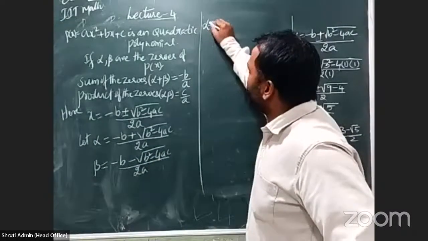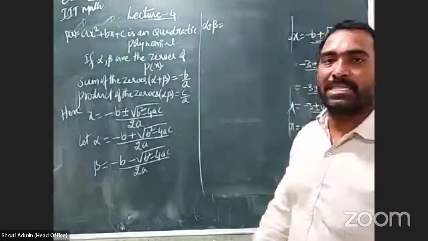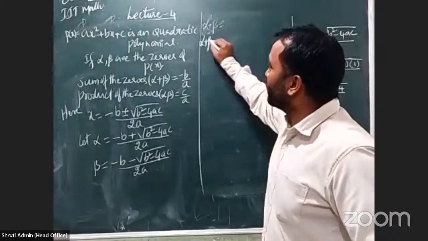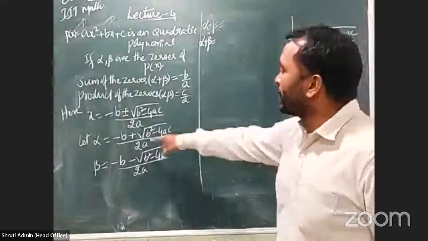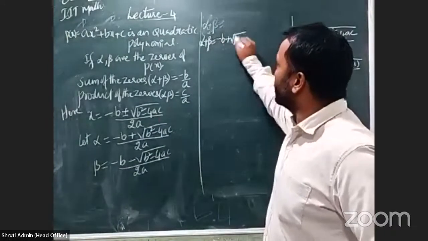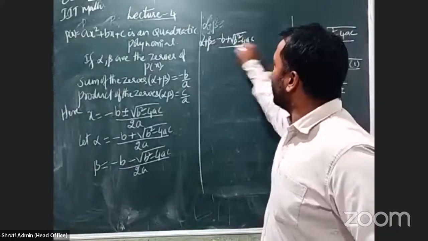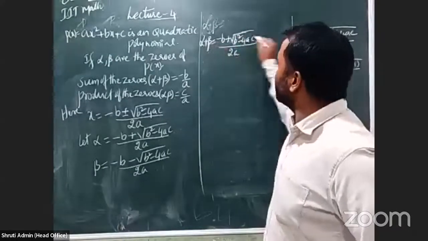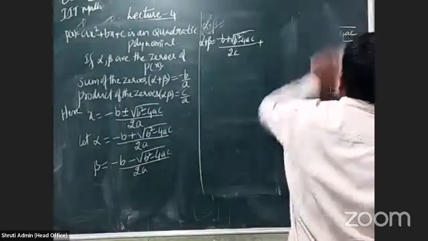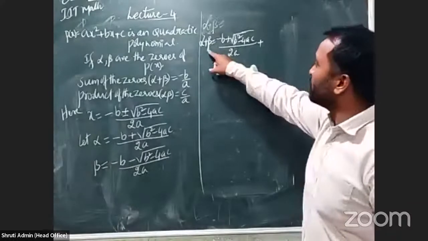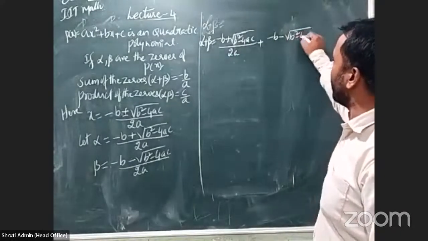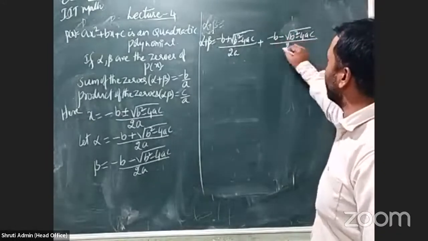Now the sum of the zeros means alpha plus beta, you know. Sum of the zeros is nothing but alpha plus beta. What is alpha? Alpha we have taken as minus b plus root b square minus 4ac by 2a. Plus is there, no? Plus you keep. Now what is beta? Beta is nothing but minus b minus root b square minus 4ac by 2a.